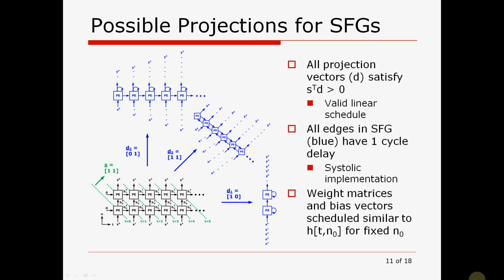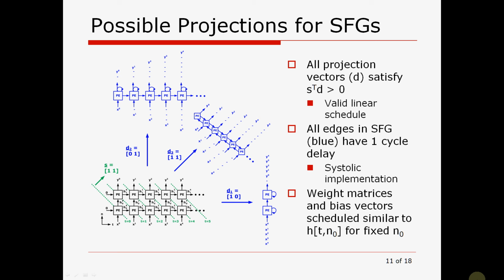So the top and the diagonal projections will also be unbounded in the number of processing elements they need. But if our projection vector is parallel to the time axis, for example d1, which is equal to 1 in the time axis and 0 in the n-axis, then that unboundedness essentially gets collapsed, and we end up having just 2 processing elements that can schedule and sequence the inputs and outputs as needed.